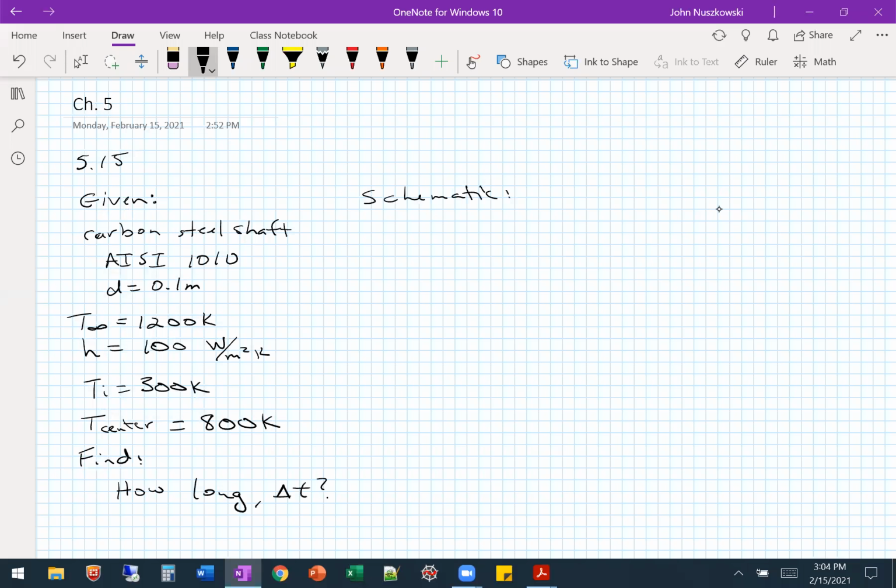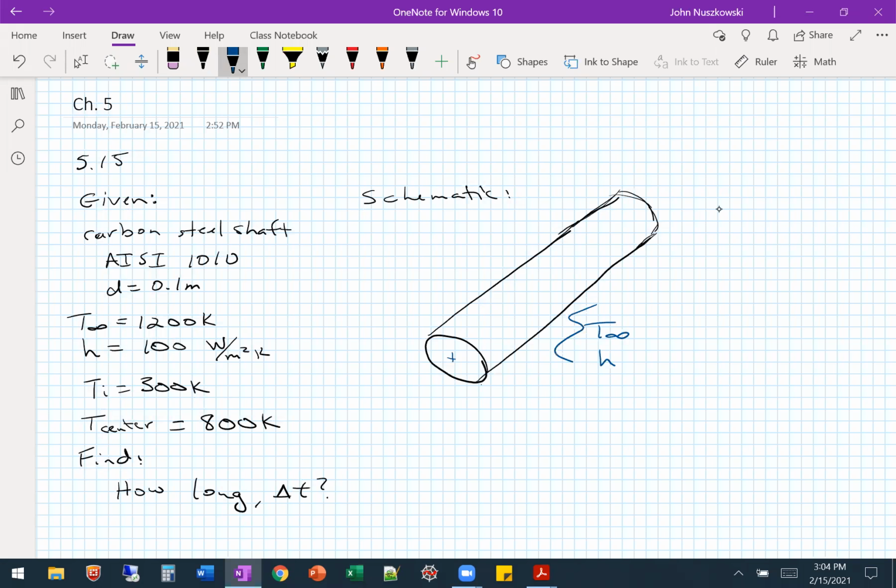All right, the schematic. So we have our shaft here. Around it there's T infinity and h.